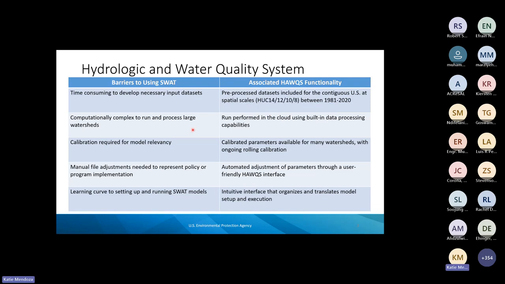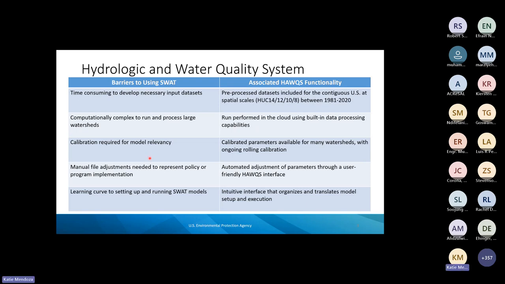Additionally, the SWAT model is computationally complex and can take a long time to run and to process large watersheds. Like I mentioned before, because HAWQS is a cloud-based interface and everything is already built in, it significantly reduces the amount of processing and running time for your model.